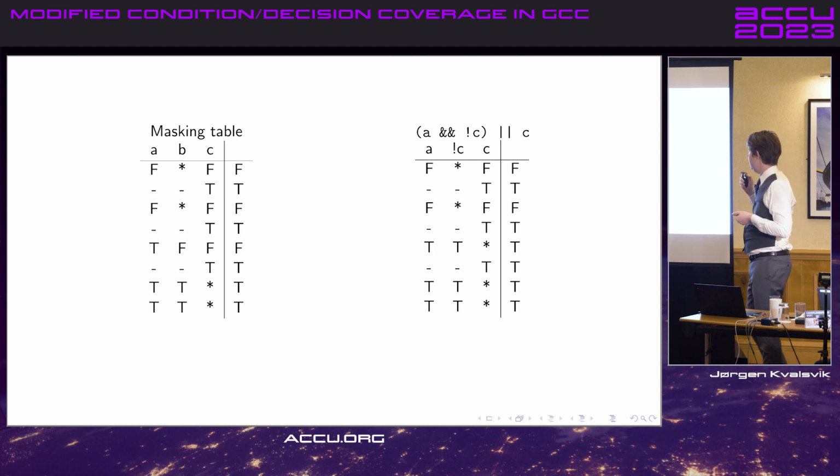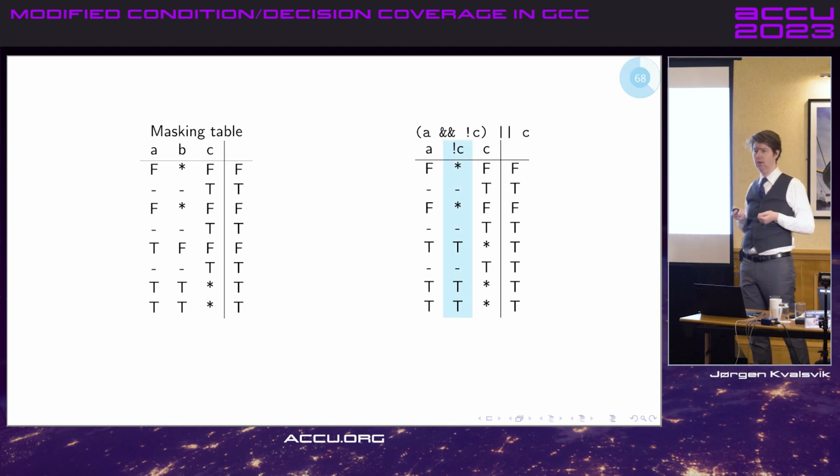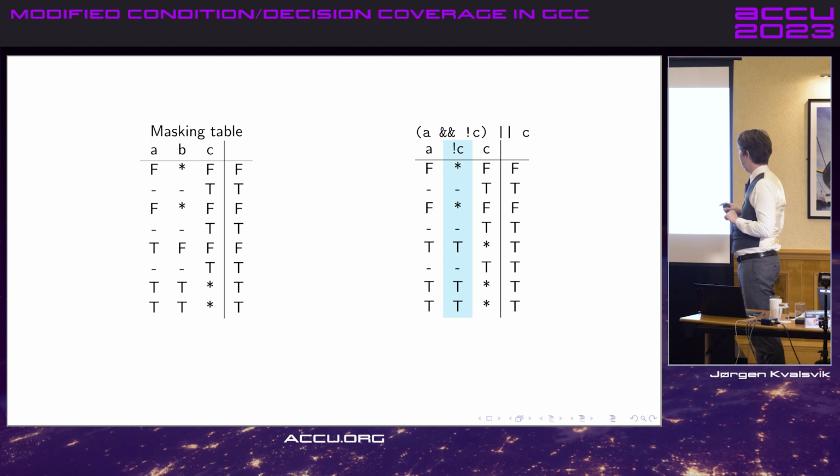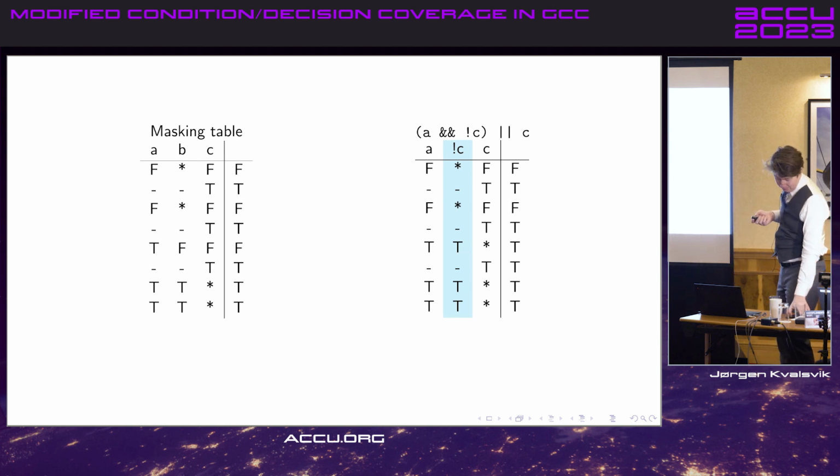And what you can notice is that in the not C column, there is no F, right? This column here, no F. Which means that even if you gave this all the power set of inputs, there wouldn't be one where C was significantly false. I like that word, significantly false.